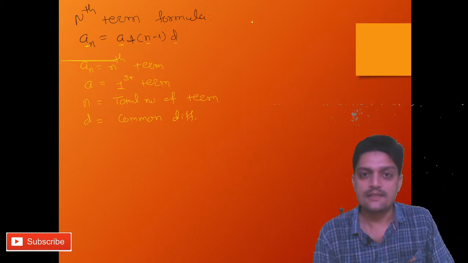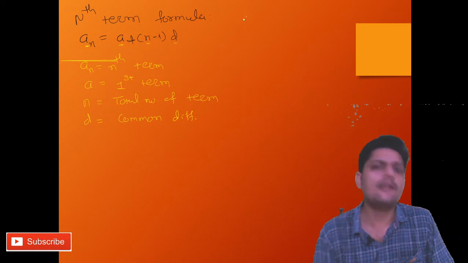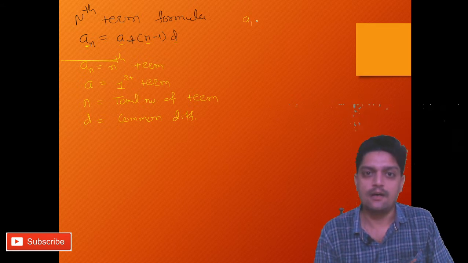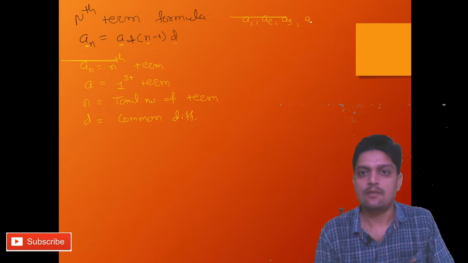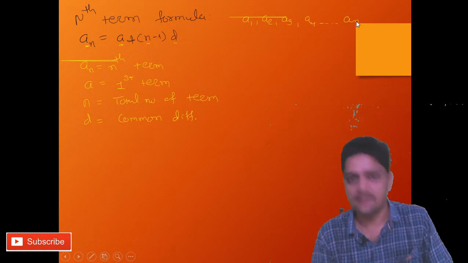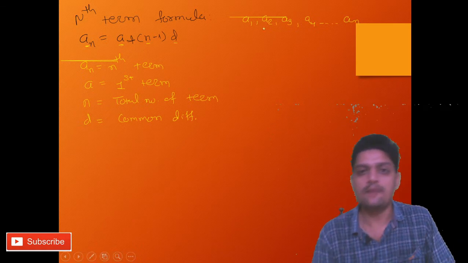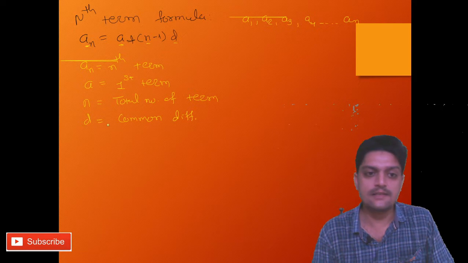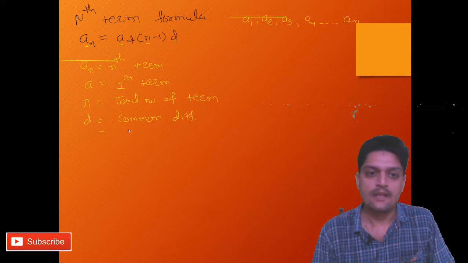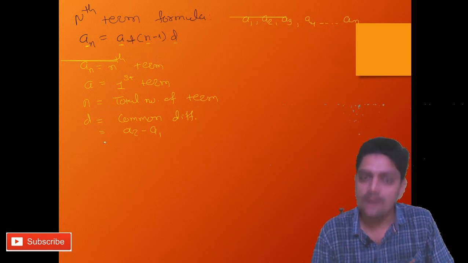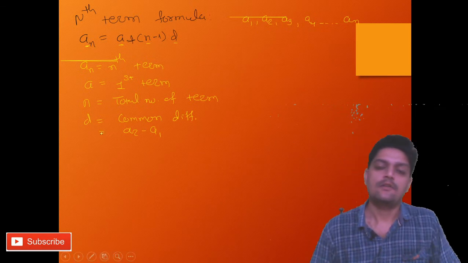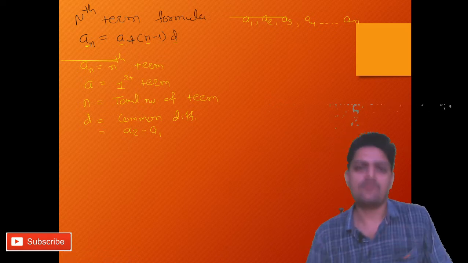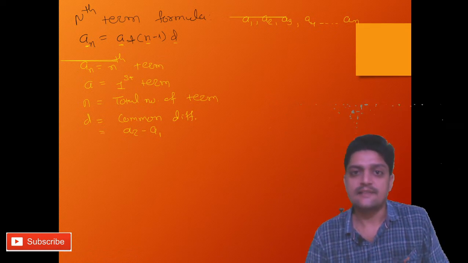If this is the AP, how will any AP form? A1, A2, A3, A4, up to An, meaning the nth term. So any AP will form like this, and the difference is A2 minus A1. We have seen so many questions in the second exercise.